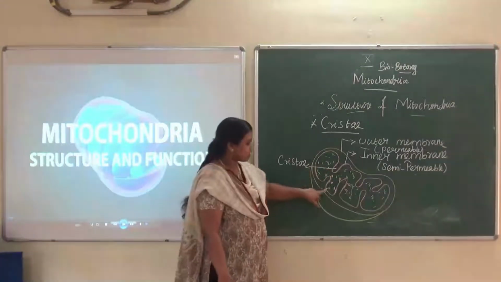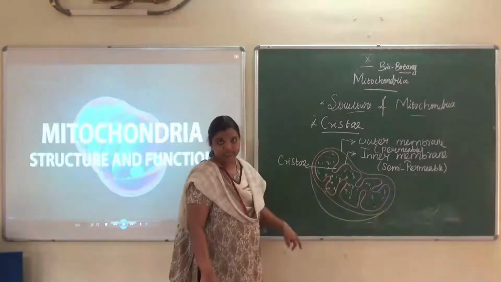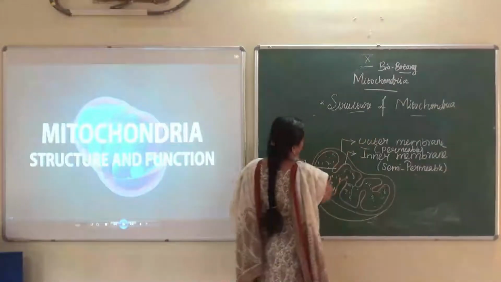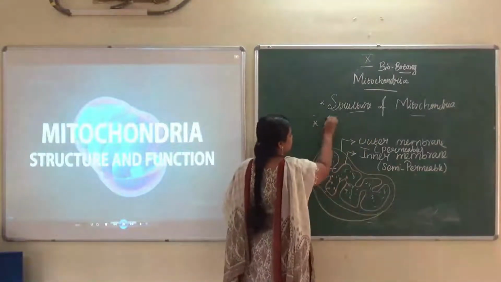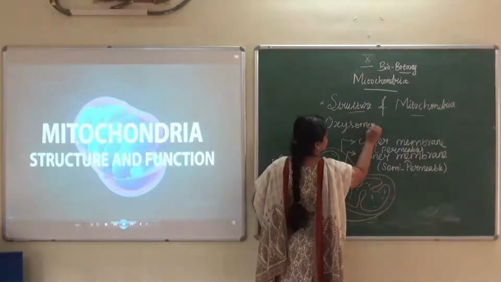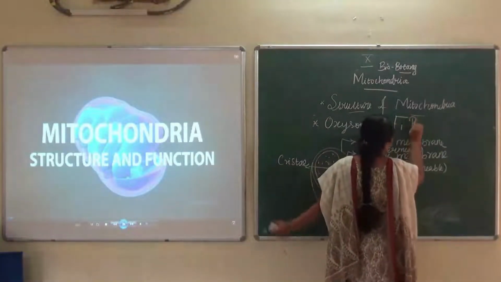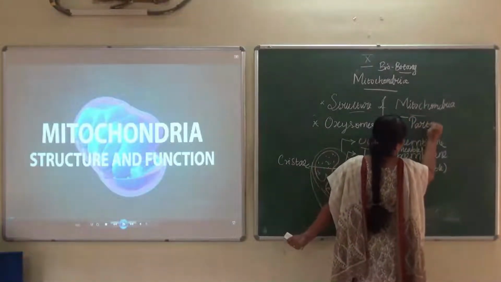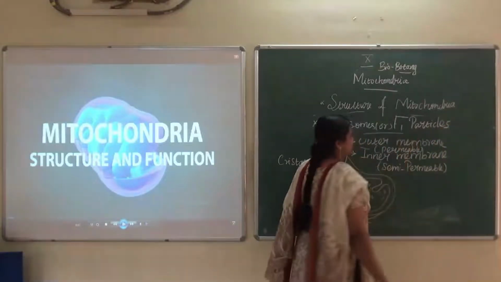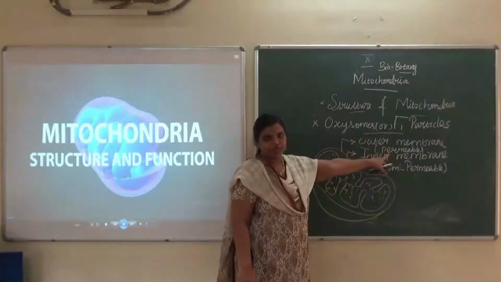Then the cristae have small tennis racket-like structures that are known as oxysomes, or F1 particles.